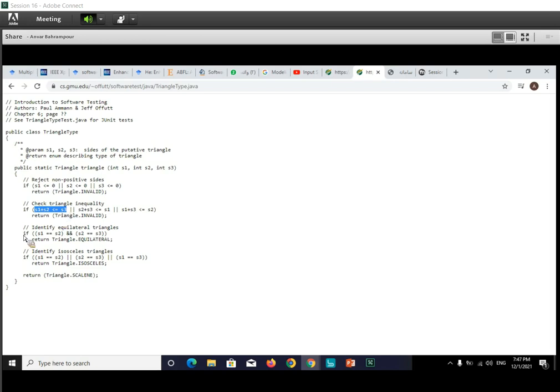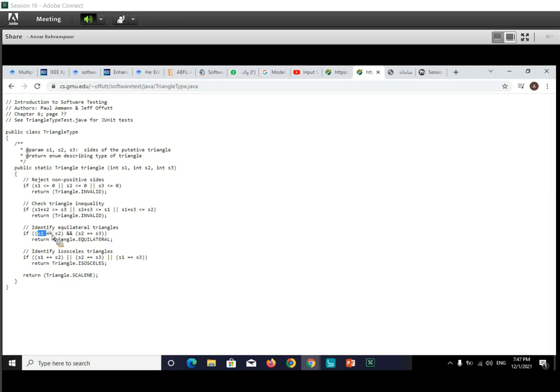Okay, and in the third step we check about the equilateral triangles. When all sides of a triangle have the same length, we have an equilateral triangle.